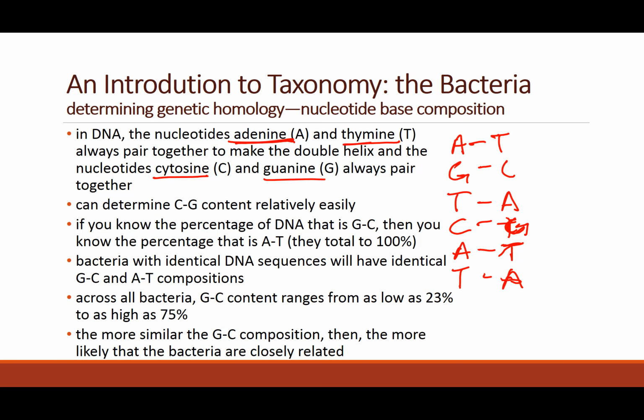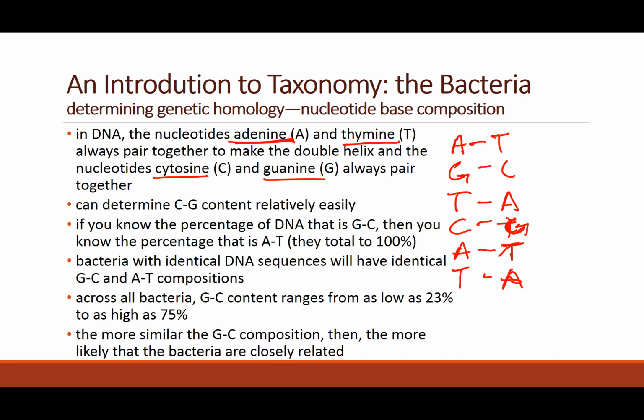So if two bacteria have exactly the same DNA, then if you could separate out what percentage of these nucleotides are one or the other, you would have a way of looking at similarities.